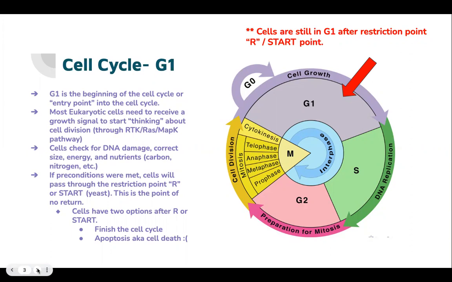And this is the point of no return, where it will continue into S phase and G2 and M. It'll go all the way through as long as it meets the other criteria.